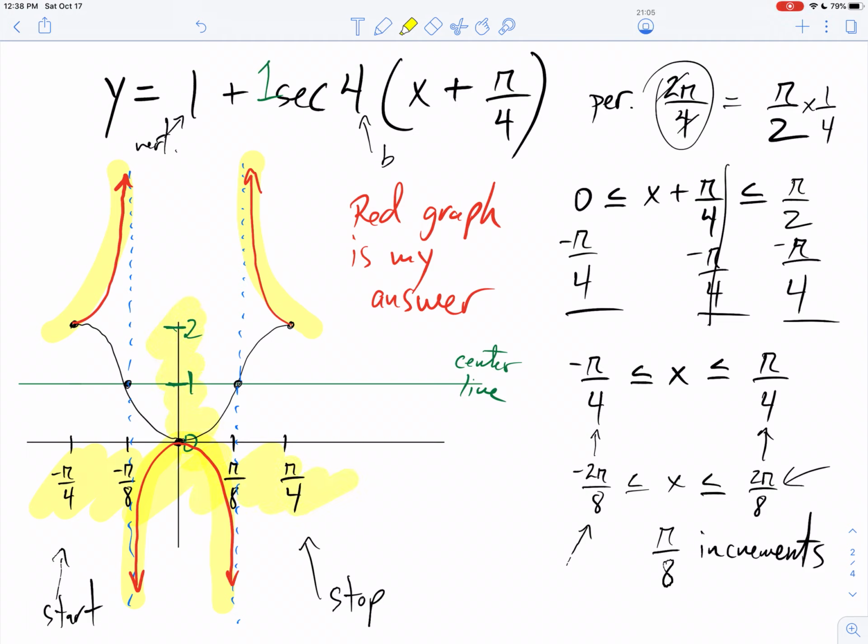I want to see all of your markings. Now, you don't have to write the word start and stop, but you might want to, because I have news for you. When we get to the next video, you'll see the answer key from the book. They did something a little bit weird, but I don't think it's going to be that tough for you. I think you'll be able to handle it, and we'll talk about it when we get there.